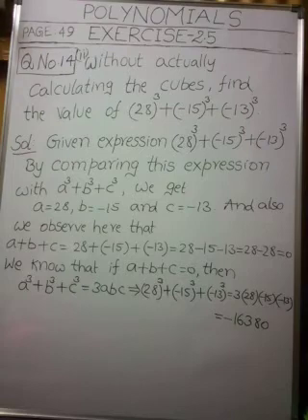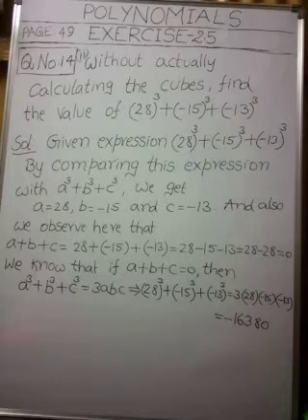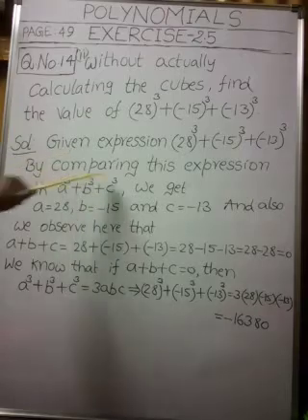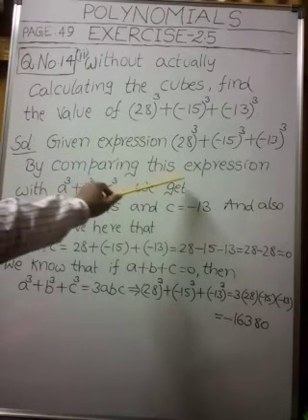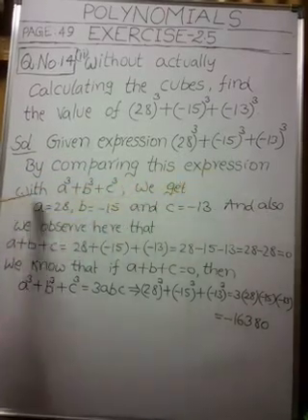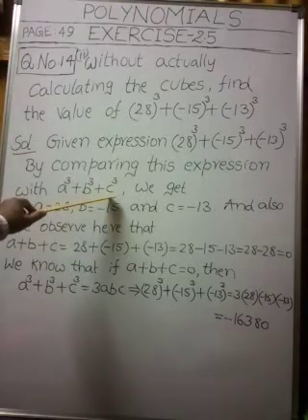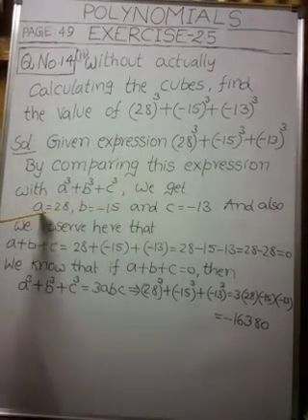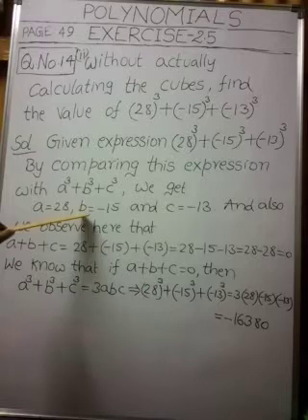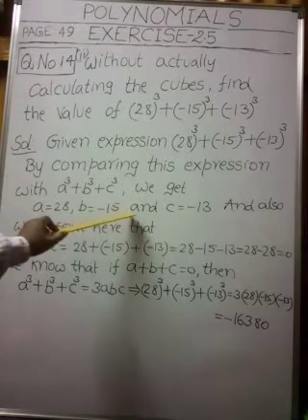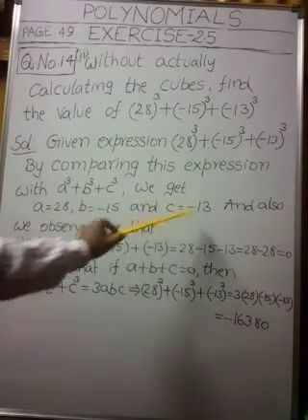Now, if you observe the given expression, 28 whole cube plus minus 15 whole cube plus minus 13 whole cube, it is in the form of a cube plus b cube plus c cube. By comparing, we get a is equal to 28, b is minus 15 and c is minus 13.